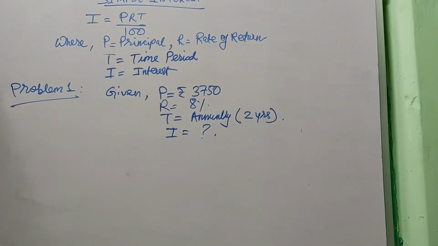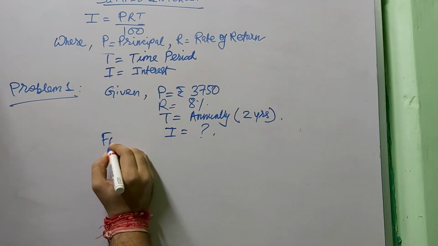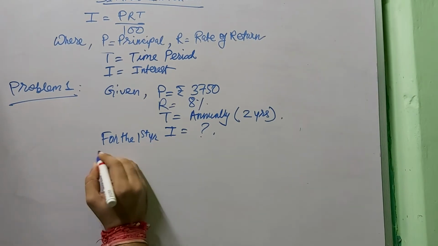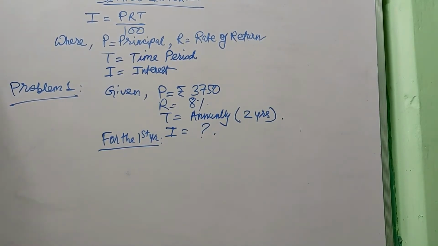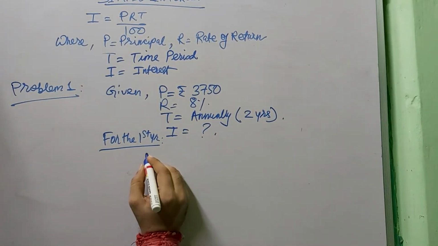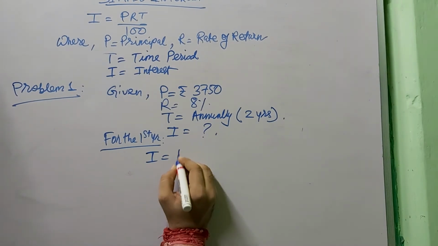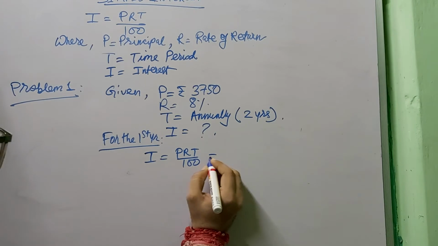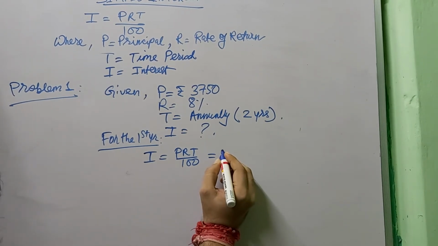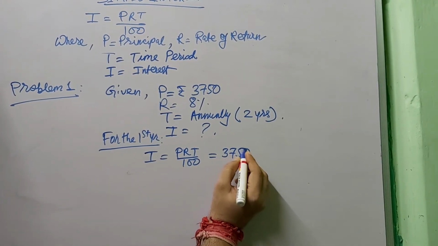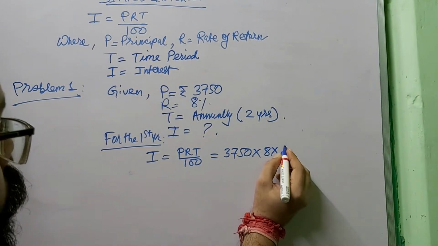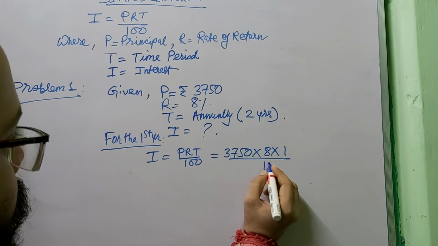Now how can we find out? For the first year, I is equal to PRT by 100, which is 3750 into 8 into 1 divided by 100.